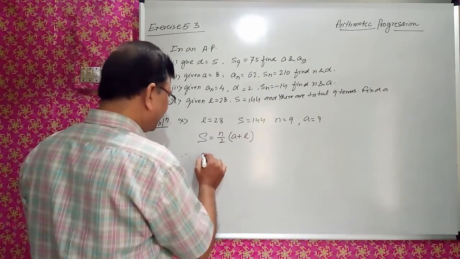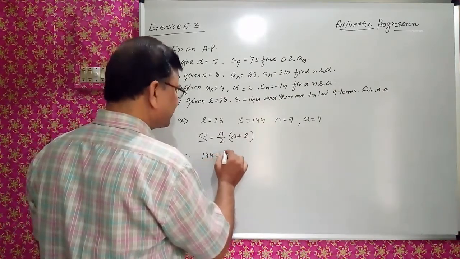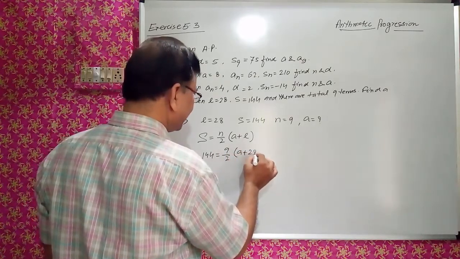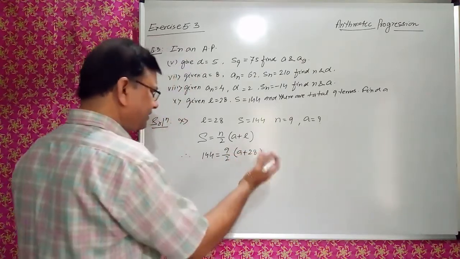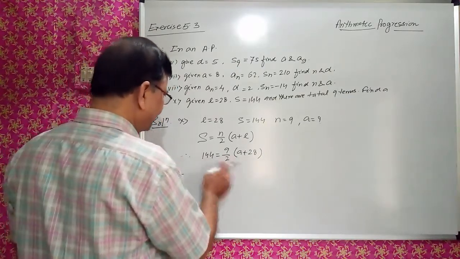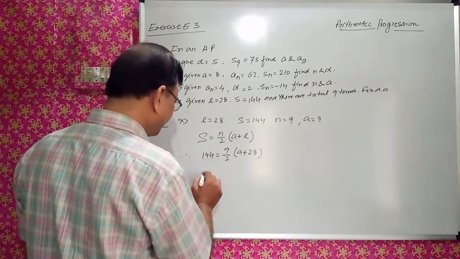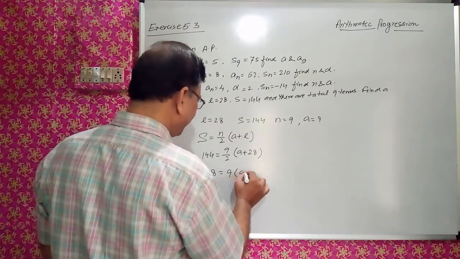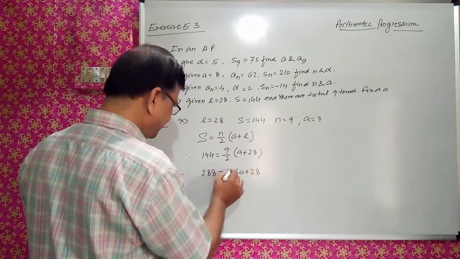Therefore, 144 is equal to 9 by 2 into a plus 28. A very simple equation is formed and simplification is left. Therefore, multiply by 2, 144 into 2, that is 288 is equal to 9 into a plus 28.